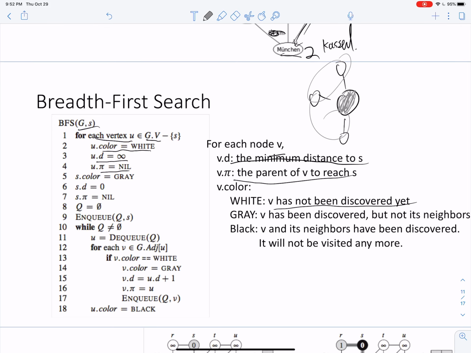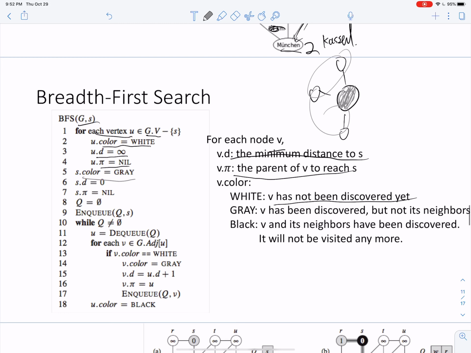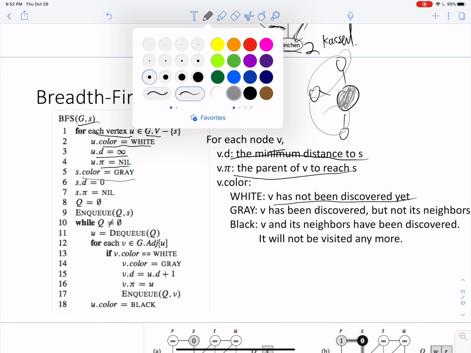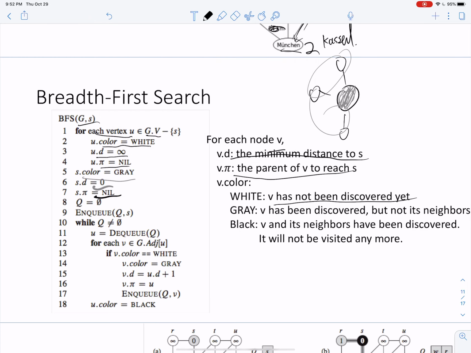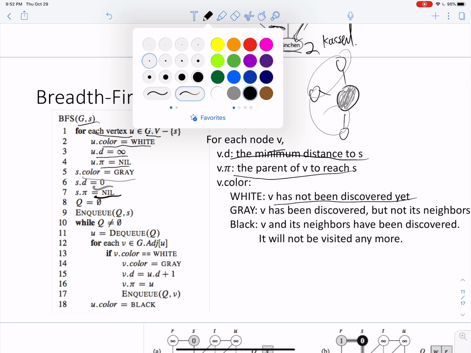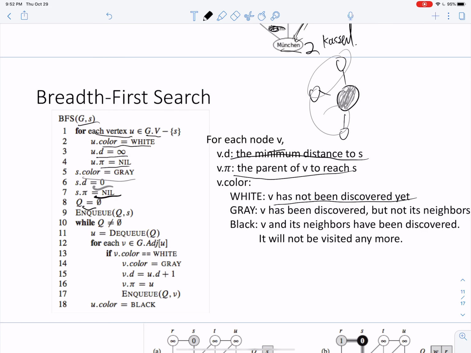And then next, for the source node, we associate it with a gray color and a parent that is nil, and then we create a queue.